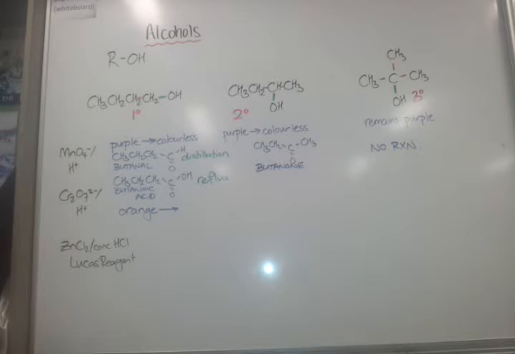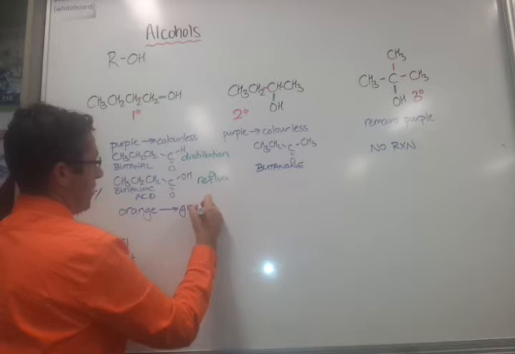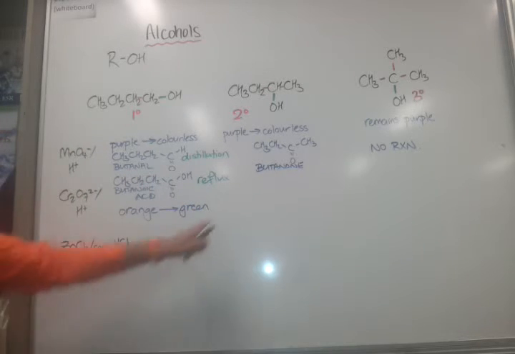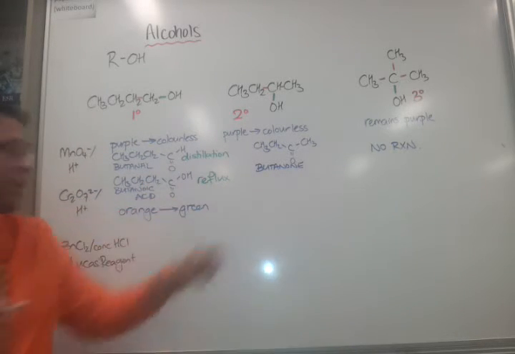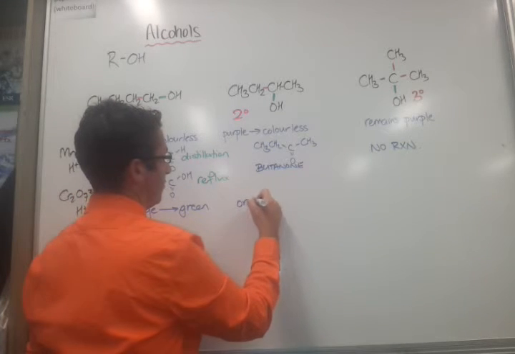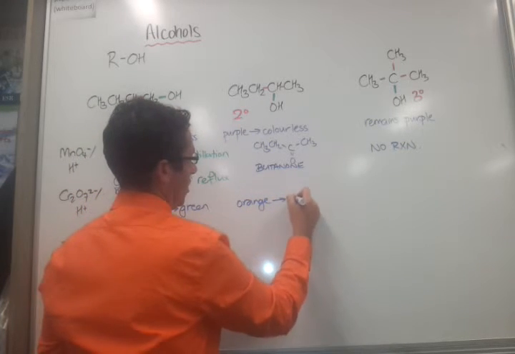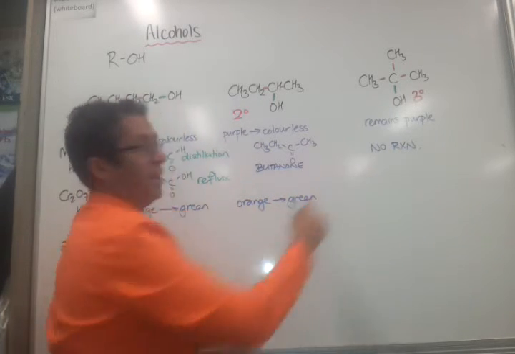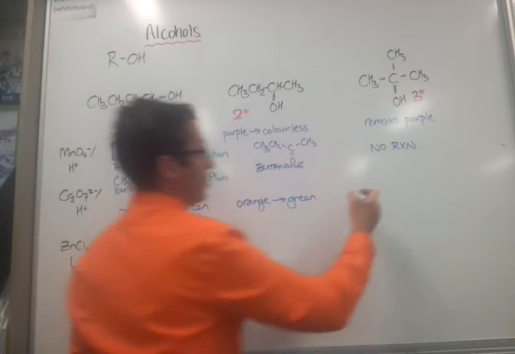And chromium-3 has a bluey-green colour. Because you tend to end up using too much dichromate, the orange of that makes it appear very green. Rather than being bluey-green, you just get a normal green. So we get that observation here. Same thing with this, because a reaction is occurring. Orange to green. And in this one, it's going to remain orange, because nothing's happening.